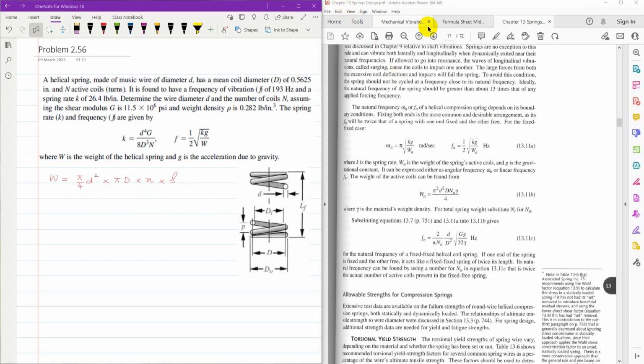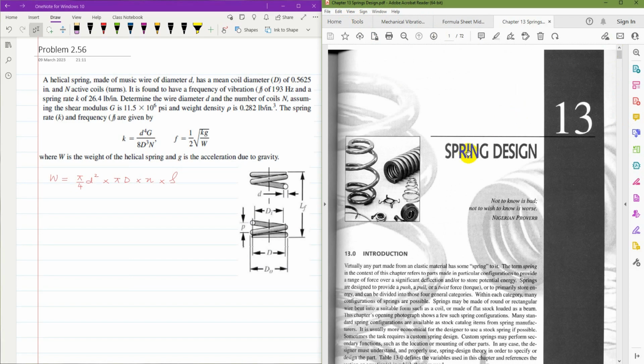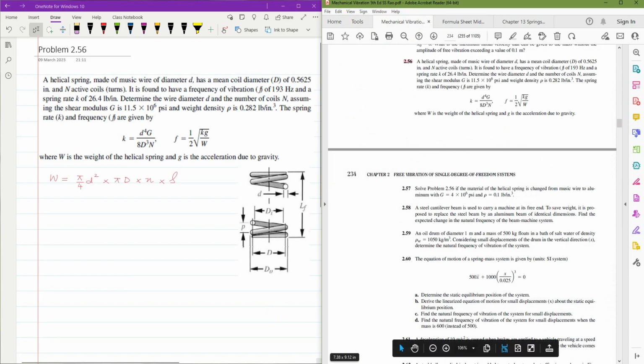So this is from chapter 13, spring design. Here you can see, if you have to find the weight of the spring, you need to find out its volume, because volume times density will be its weight.